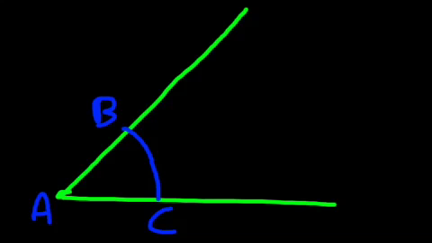What you want to do is leave your compasses at the same length. You start at B and just make a small arc around here, keeping them at the same length.